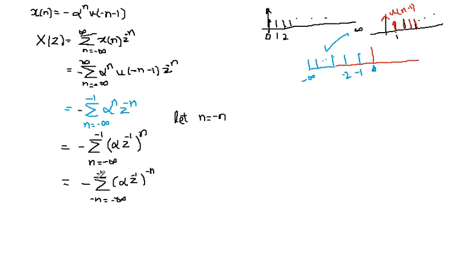Then to solve this, we know that minus n is equal to minus infinity, which is nothing but n equal to infinity. So we write this one as infinity, and this becomes 1, and minus sign as it is, alpha z raised to minus 1 raised to minus n is there.